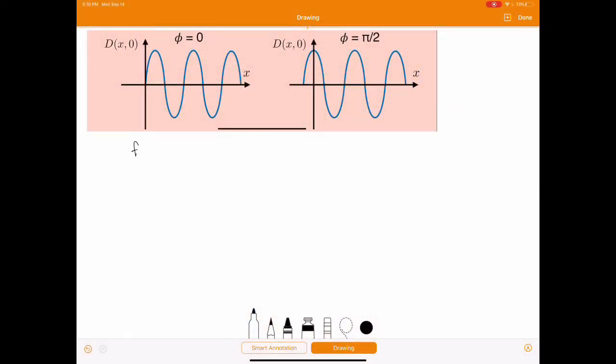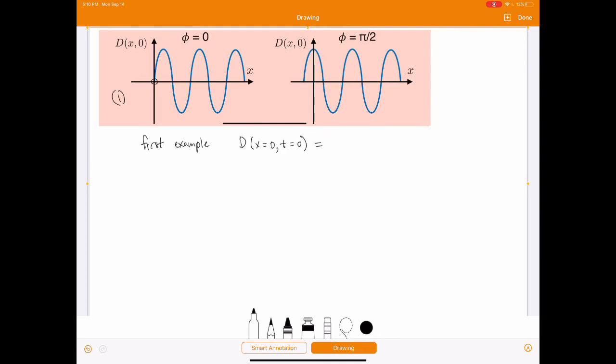In the first example, let's label this one number 1. We know that our displacement when x is equal to 0 and t is equal to 0 is, well, go to the graph. This is x equals 0. So it looks like we have 0 displacement right there at that point.